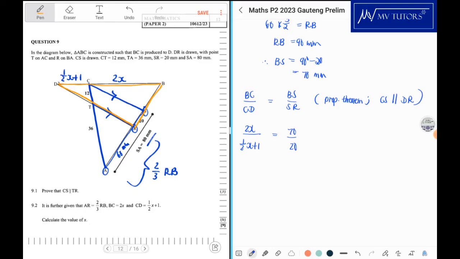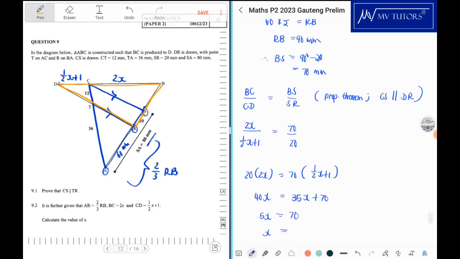So now we're going to have to cross multiply and then solve for x. So 20 times 2x is equal to 70 times a half x plus 1. So we have 40x is equal to 35x plus 70. If I take 35x to the other side, I'll be left with 5x. And we have 70 over here.